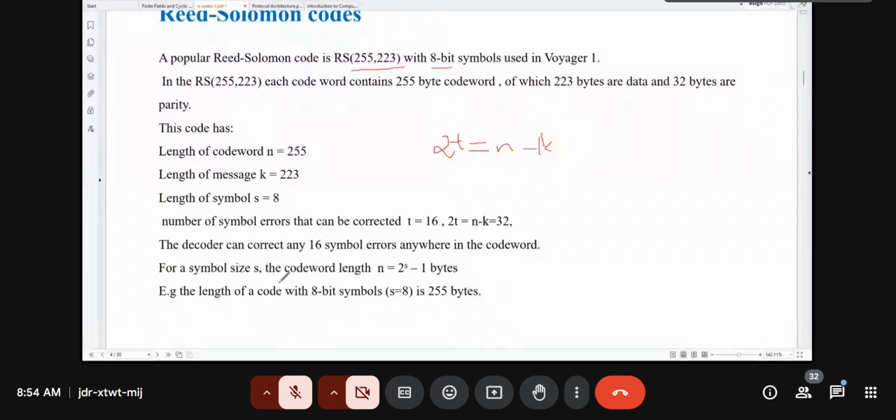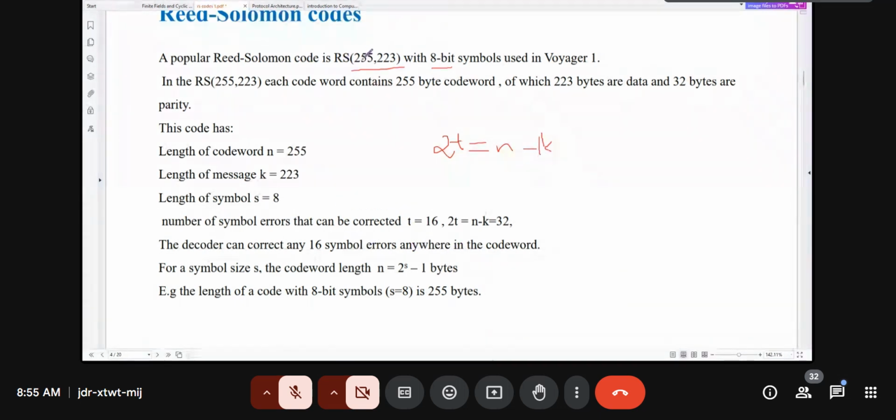So for symbol size s, the code word length is 2 to the s minus 1. You can see the code word length has to be related to s, for this system to work. So you can only have a code word length of 2^s minus 1 symbols. It's not arbitrary.